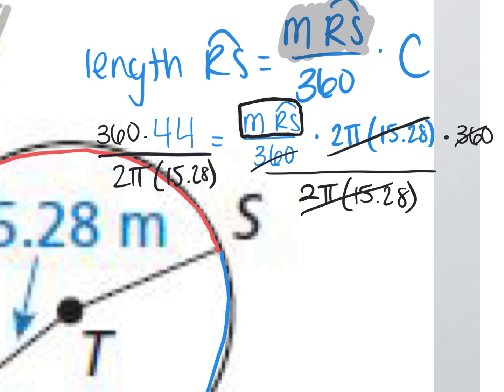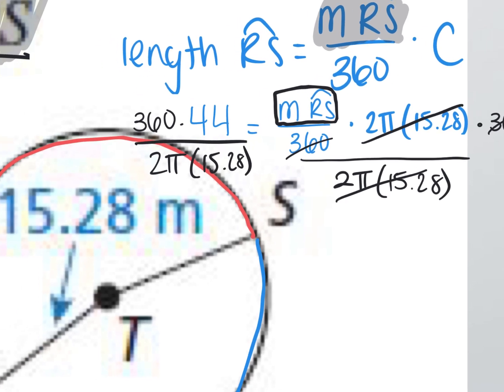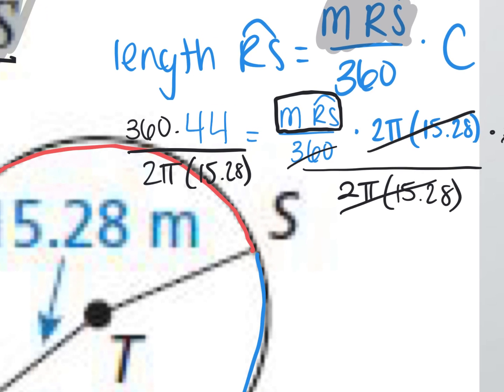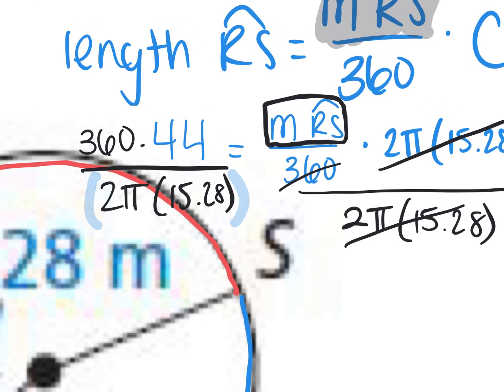Now, guys, I want you to plug it into your calculator, but make sure your denominator, what did we say in the calculator it needs to have around it? Parentheses. So you're going to do 360 times 44 divided by, open up your parentheses, put 2 pi times 15.28, close your parentheses. Dylan, what's up?